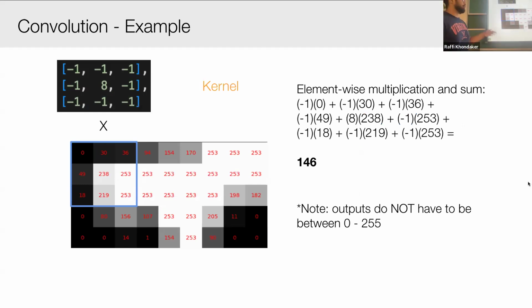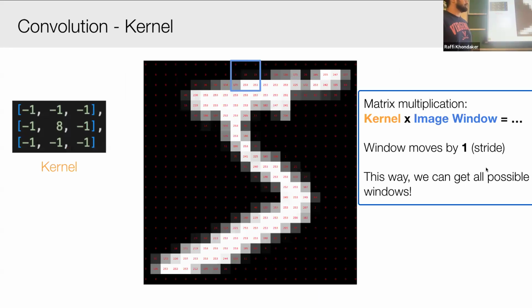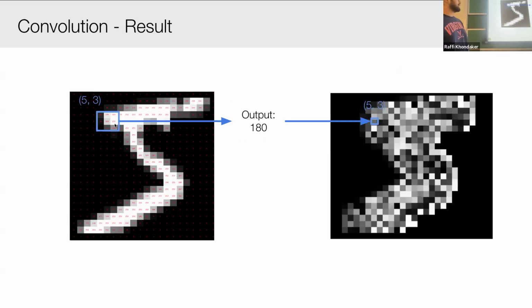And that number, 146, is the value in that location of the output. Oh, I see how it works. That makes sense. So again, the product of multiplying the kernel by the window in this region is the output in the corresponding location of the larger feature map.